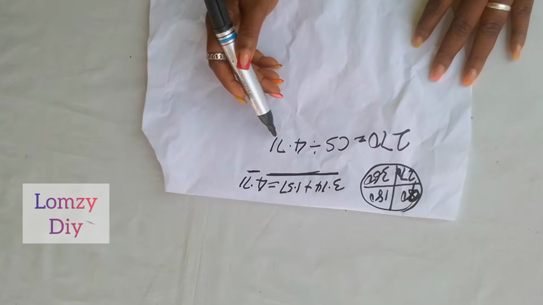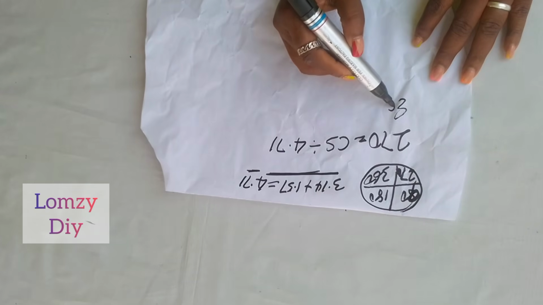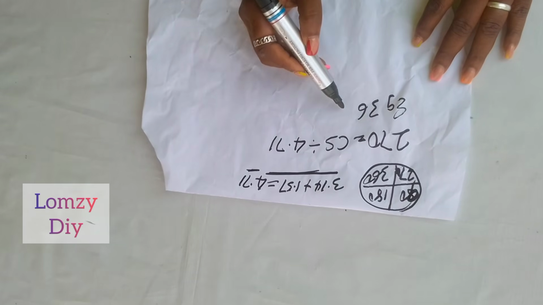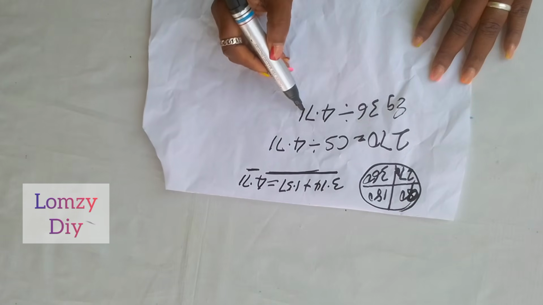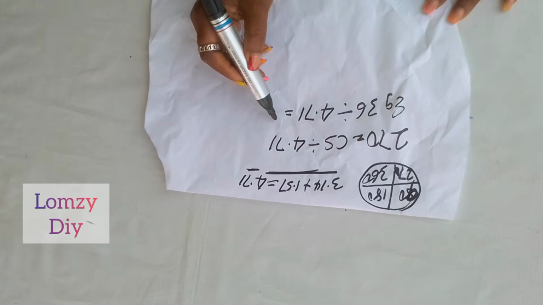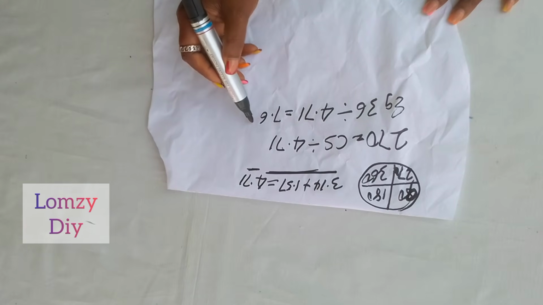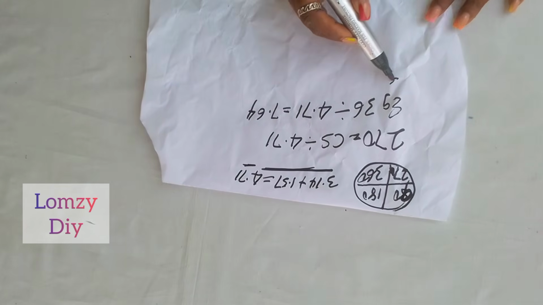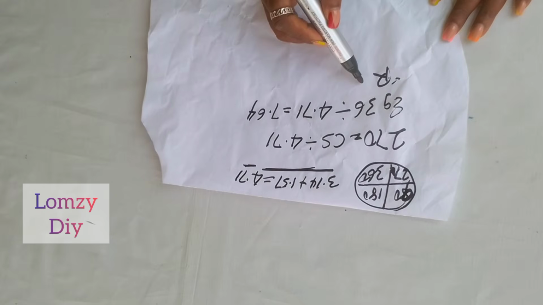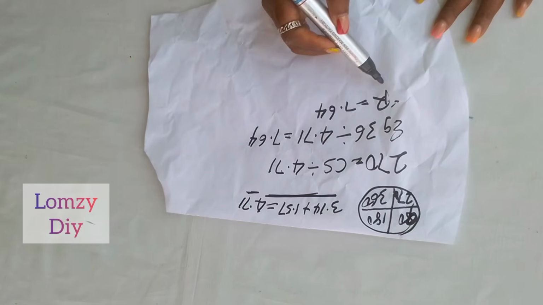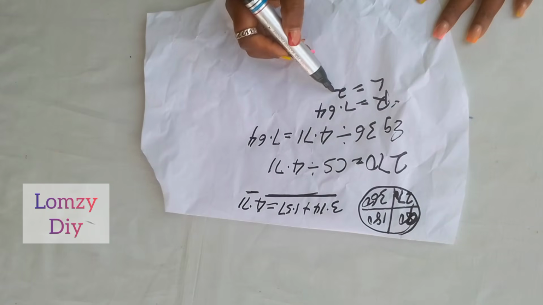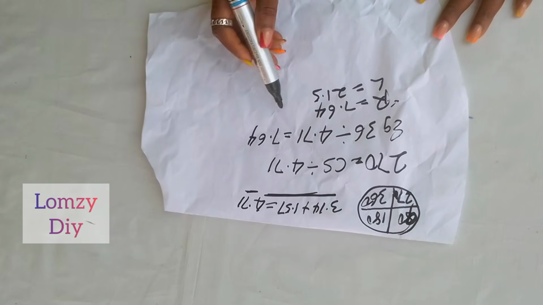Whatever you get is going to be the radius we're using for the skirt. For example, we're using 36 inches divided by 4.71. Whatever I get, which is 7.6, this will be the radius I'm going to use for the skirt circumference. So 7.64 is the radius and the length is 21.5.